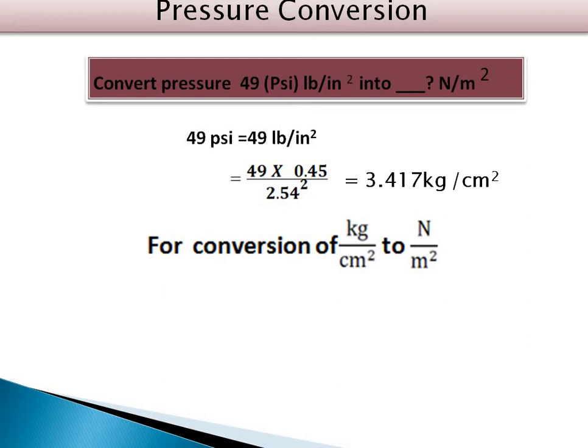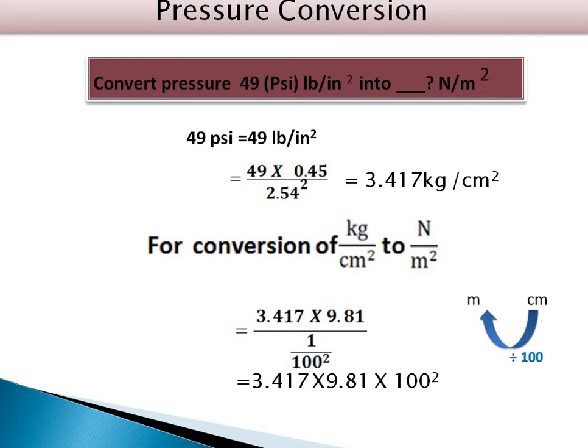So for converting kg into Newton requires multiplying by 9.81, and for conversion of centimeter square to meter square it requires dividing by 100 square. So 1 centimeter square is equal to 1 upon 100 square meter square. Okay, so I can write this as 3.417 into 9.81 divided by 1 divided by 100 square. So it becomes 3.417 into 9.81 into 100 square.